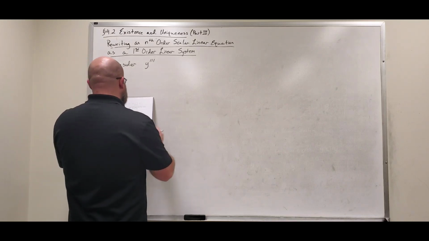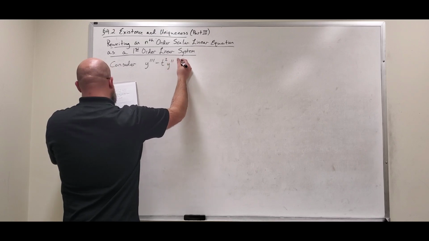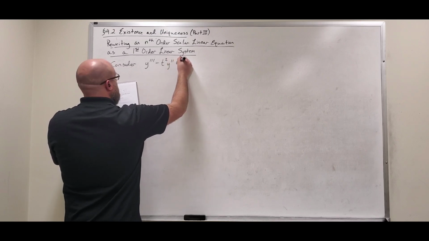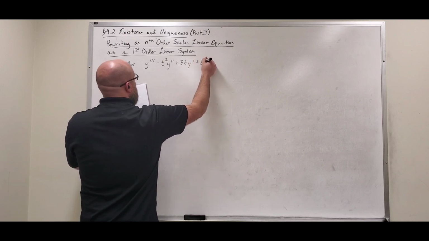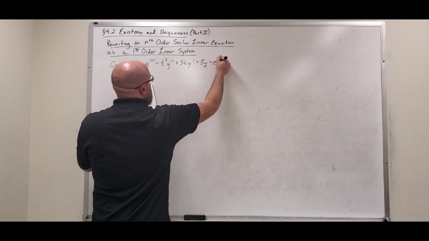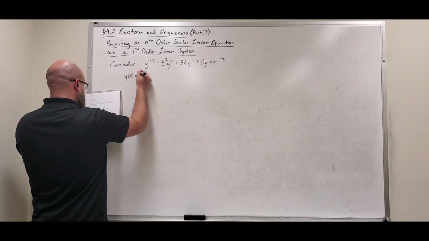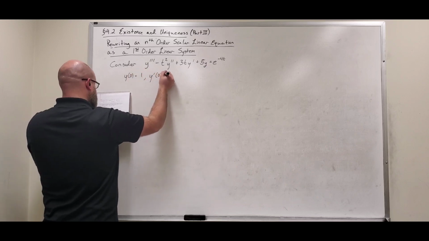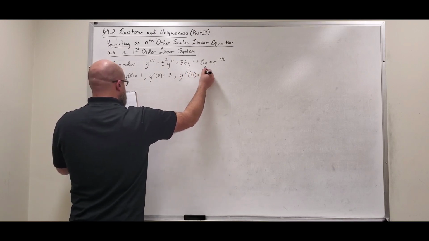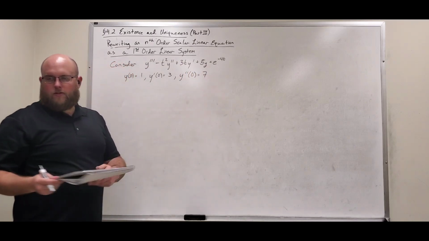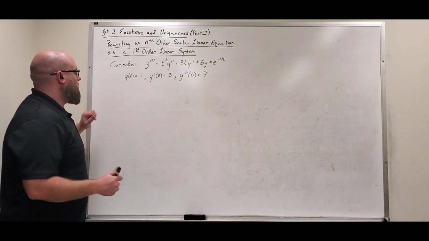So I want to make sure I write this correctly. t squared y double prime plus 3t y prime plus 5y is equal to e to the -4t with initial values of y of 0 is equal to 1, y prime of 0 is equal to 3, and y double prime of 0, my apologies, is equal to 7.